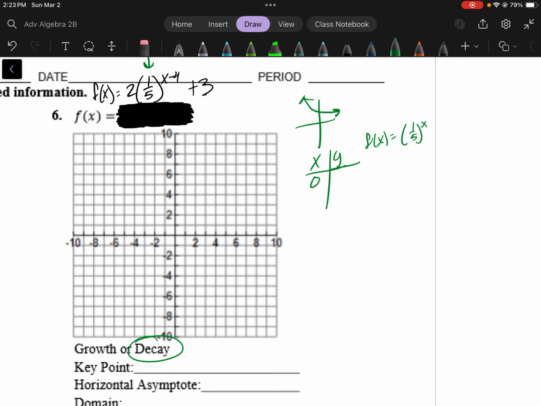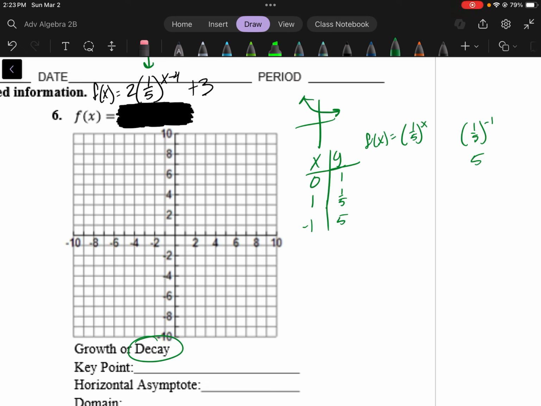Anything to the 0 is going to be 1. And then if I plug in 1, it's going to be 1/5. And if I plug in -1, it should be 5, because when you raise it, remember, to the negative, it makes it turn into the reciprocal, which in this case would be 5.